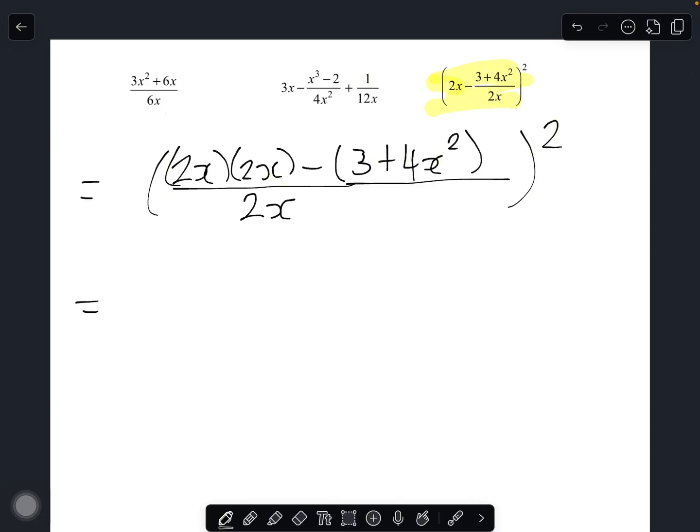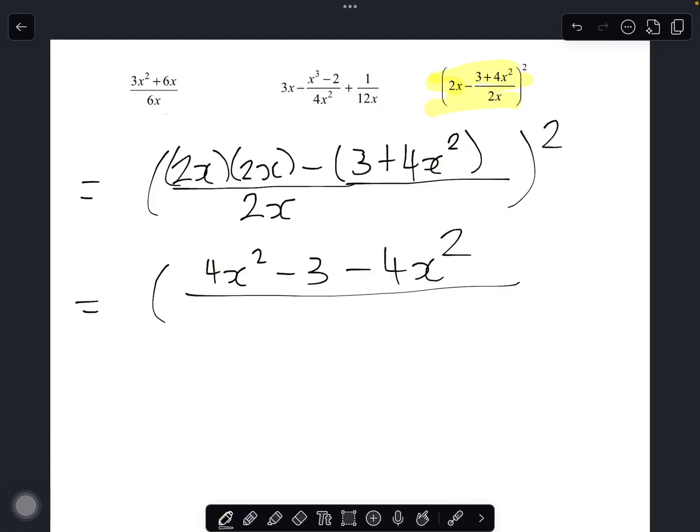So let's simplify this now, and I'm going to have 4x squared minus 3 minus 4x squared over 2x all squared.